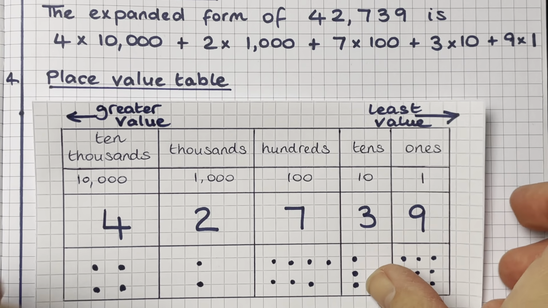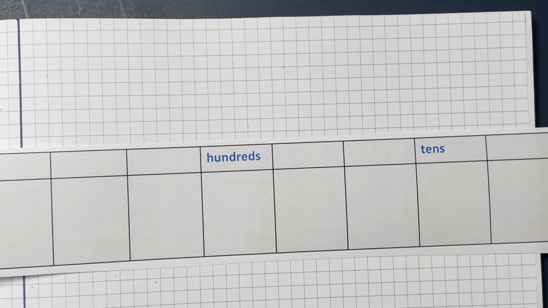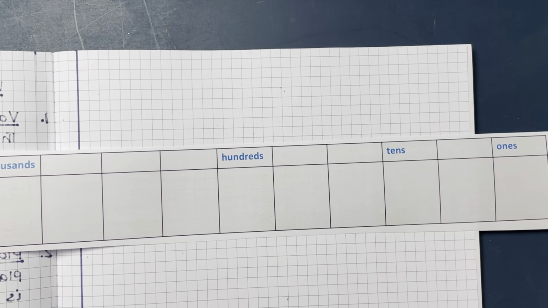Okay, I'm just going to show you one quick thing before we write down our last key point in our books. Now this is a really nice activity that you can do in the classroom if you have a chance. Let me zoom out a little bit so you can see.